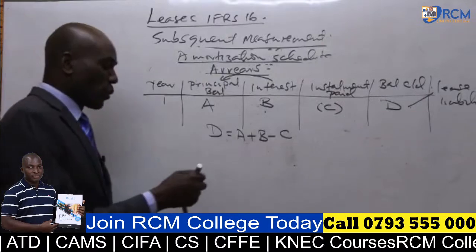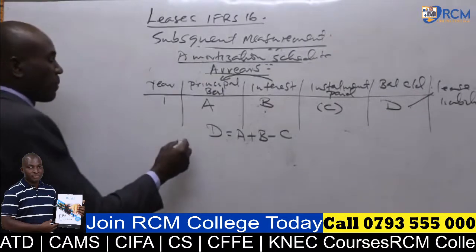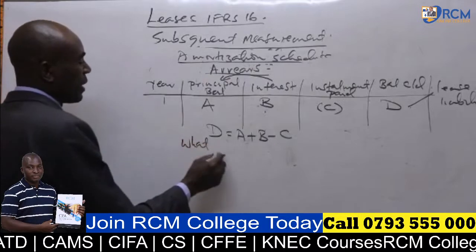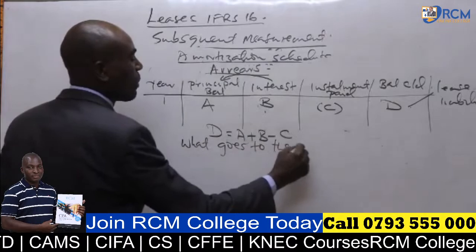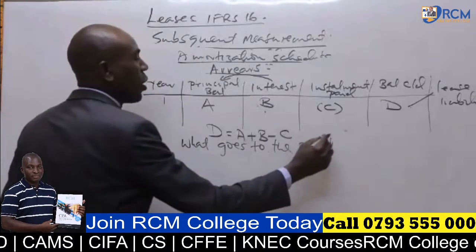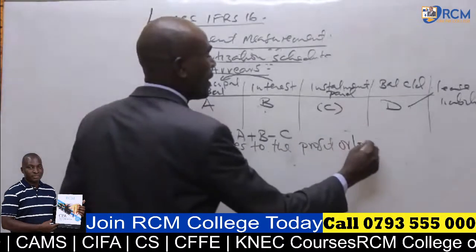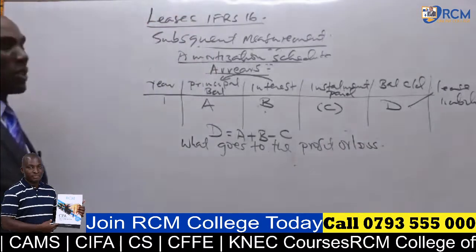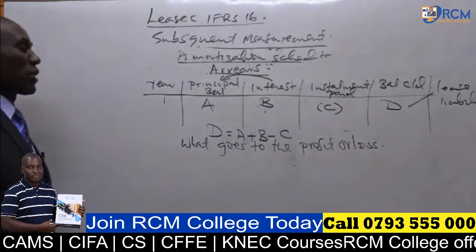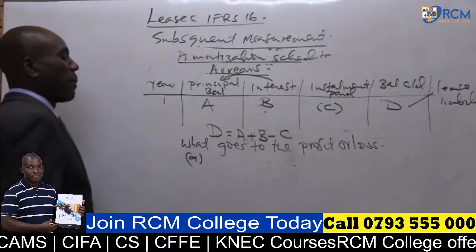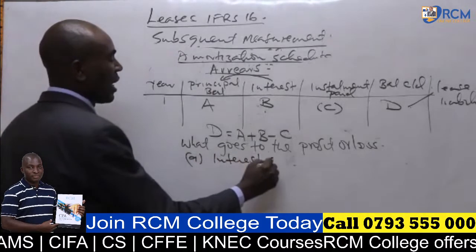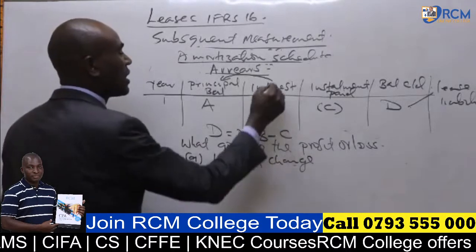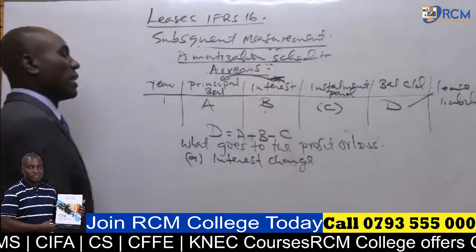Therefore, what goes to the income statement, to the profit or loss, when I have the lease? Number A, the interest charge, which is this implicit interest.